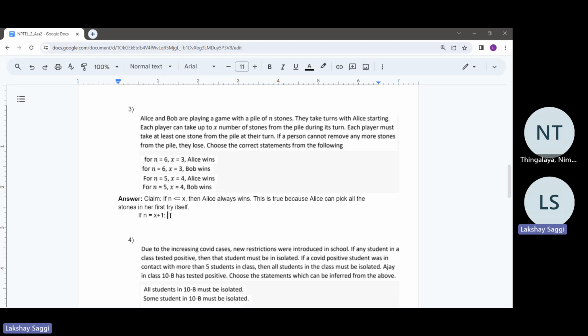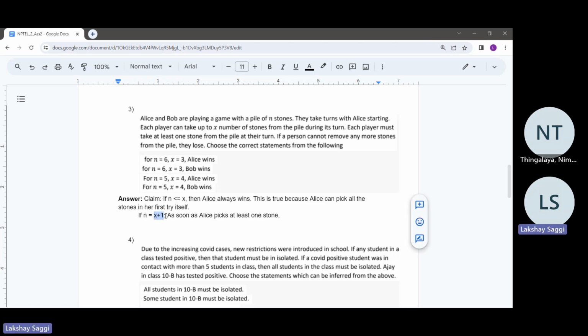As soon as Alice picks at least one stone, and she can't pick all the stones because she can pick a maximum of x stones, there will be at most one stone left in the pile. So on a high level, suppose n was, let's say, 6 and x was equal to 5.